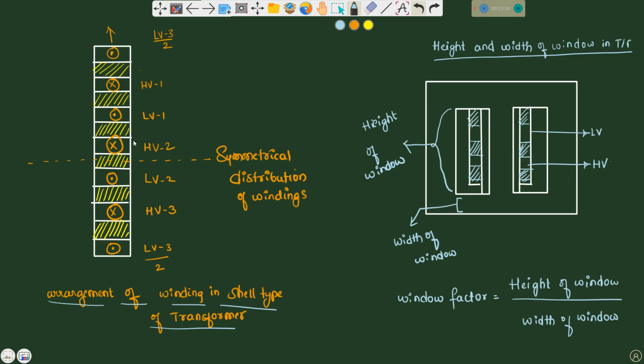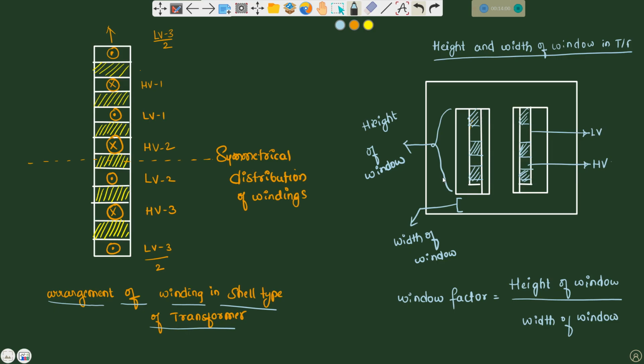Here I am showing only one, this will be the central limb. The main purpose of using the sandwiched winding procedure in a shell type transformer core is to reduce the magnetic leakage flux. In the core type, we have seen that there will be huge magnetic leakage flux.